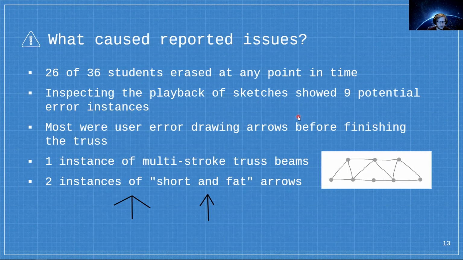Looking through them and watching playbacks, most of the errors were due to user error, where they were either drawing things out of order or not drawing a complete truss and thinking that it should have been recognized as a truss. There was one instance where a student drew a beam with multiple strokes like this, and that wasn't supported, so that was a recognition problem that we need to address. And then there were a couple of instances of what we call short and fat arrows, where we just needed to relax some of the constraints for our error recognition system.